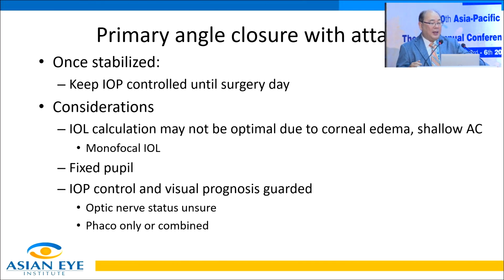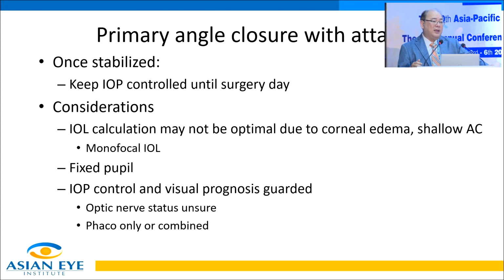So once stabilized, you have to keep the IOP controlled with all the medications, no? Now, what are your considerations going to surgery? Number one is your IOL calculation. You have an edematous cornea, shallow chamber, so you're not sure about your biometry and you're not sure about your optic nerve status. So if there's an attack, I usually will tell them, let's just stay with a monofocal IOL or a monofocal toric.